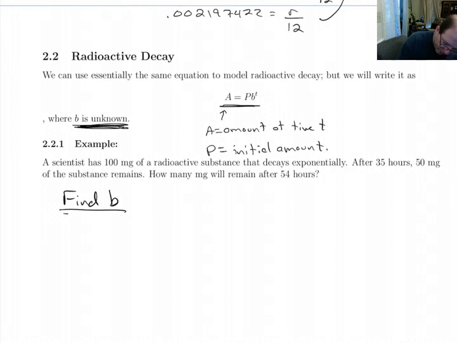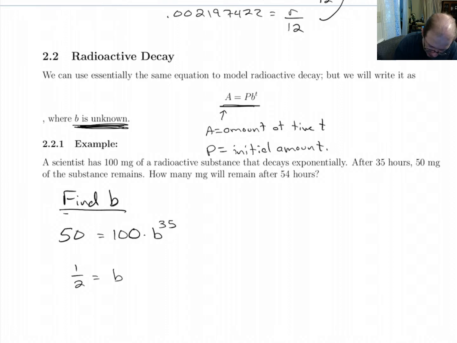So if we have 50 milligrams, the initial amount was 100, and that's times B to the T. T was 35 hours. So we have to solve this. First up, divide both sides by 100. You get 1/2 equals B to the 35.